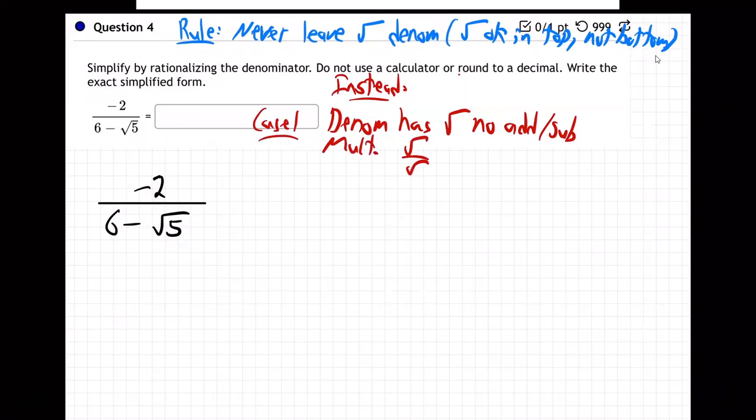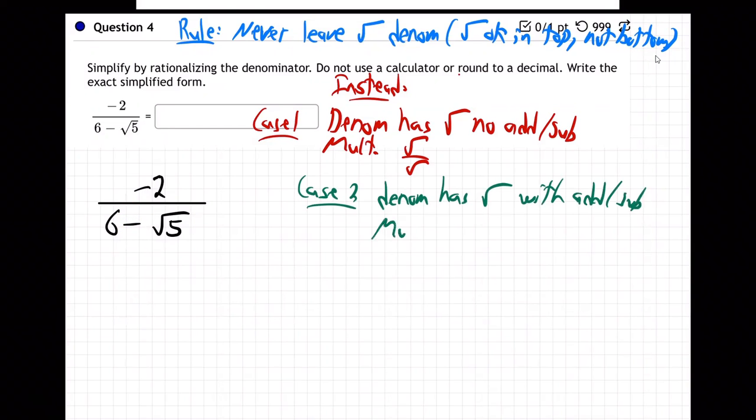But then case two, I'm running out of room here. Case two: the denominator has a root with adding, subtracting. That's what we have. See this little adding, subtracting, it's going to make a big deal.